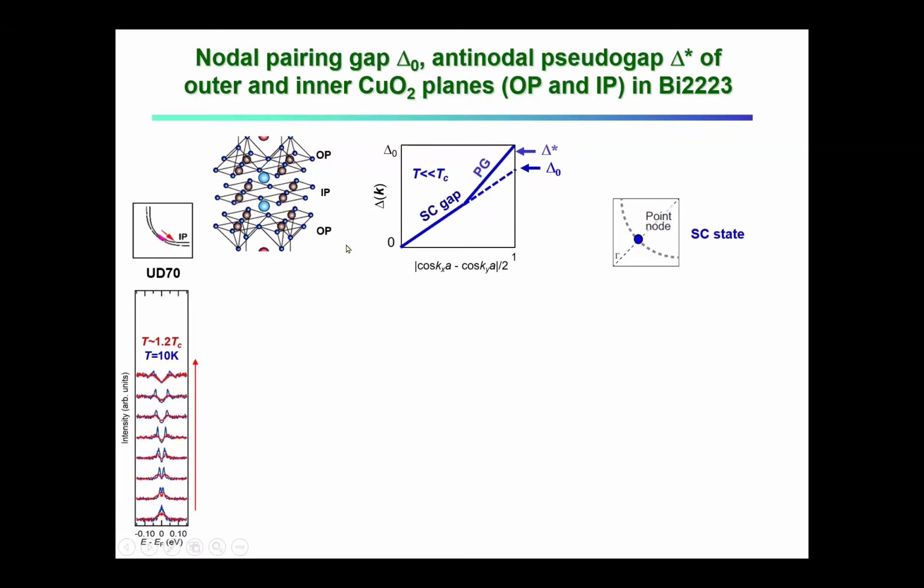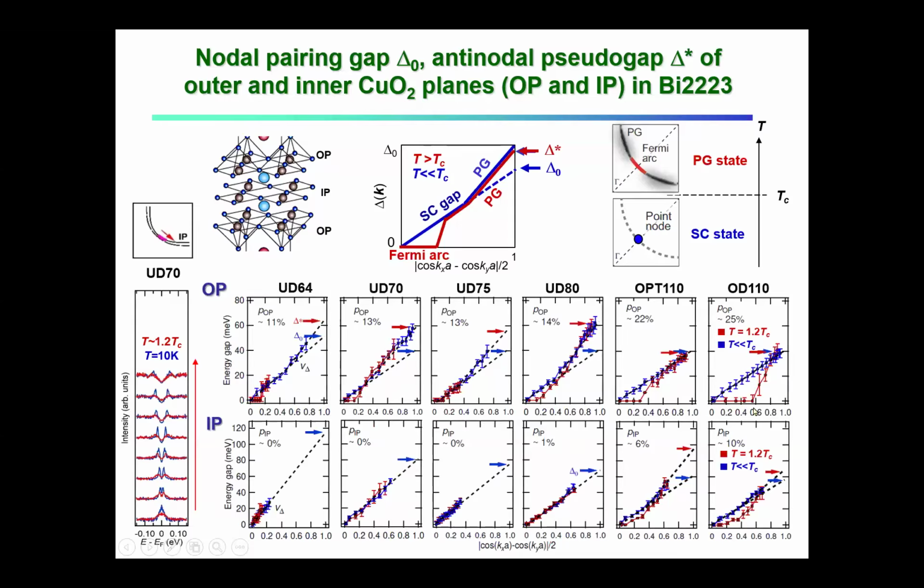As already mentioned by Fabio, below TC the superconducting gap is d-wave like, but near the antinodal region there is a signature of the pseudo gap. Above TC, the nodal region collapses into a so-called Fermi arc, but the pseudo gap region doesn't change so much.